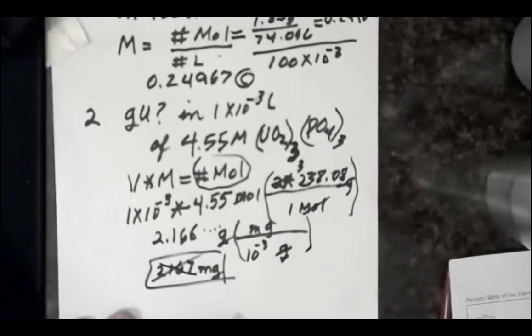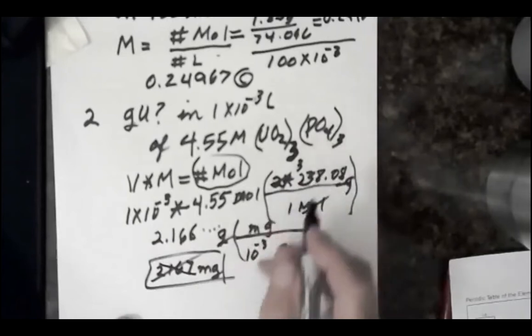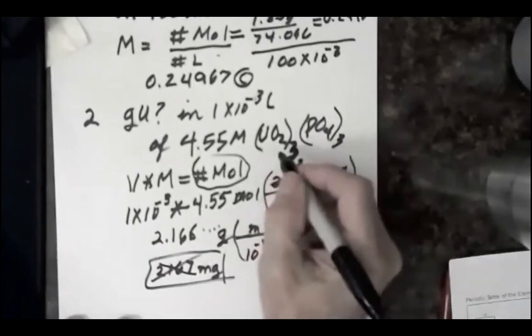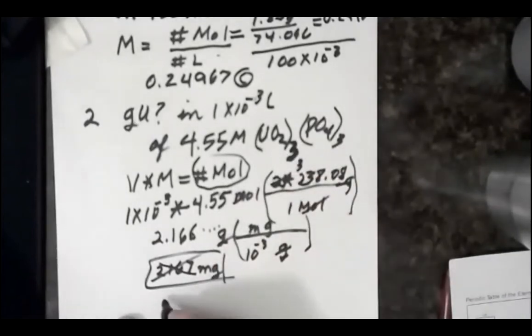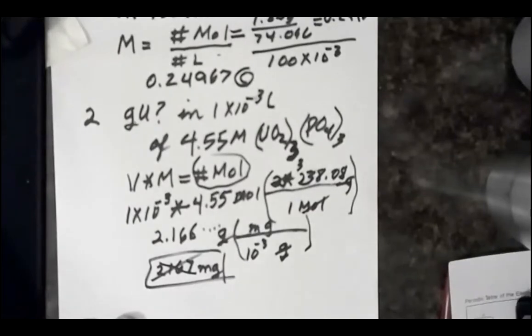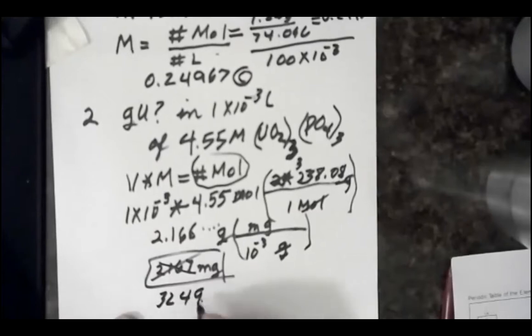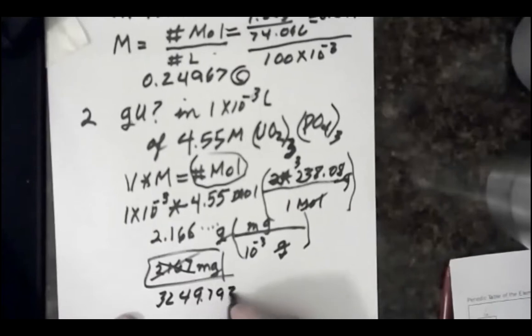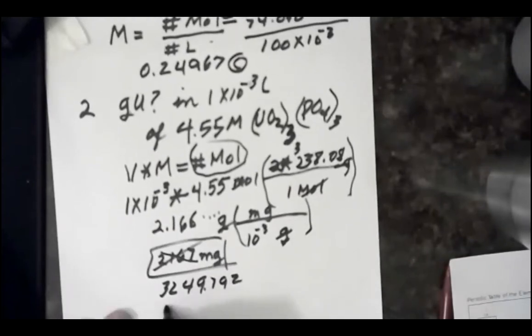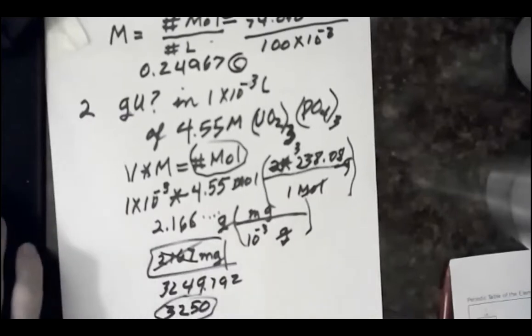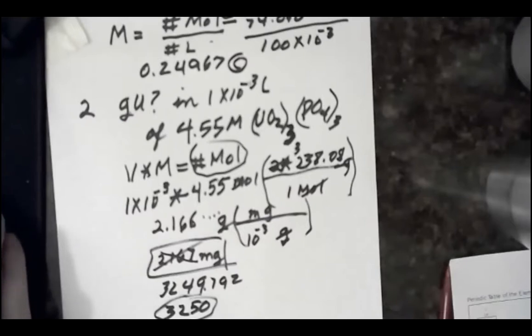I'm all the time doing silly things like that. I copied that second digit twice. So the correct answer was supposed to be 3249.792, and the 3250 is the closest to 3 significant figures.